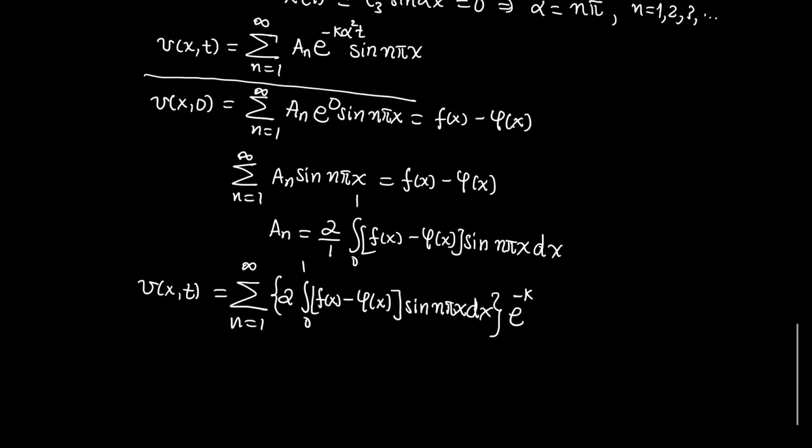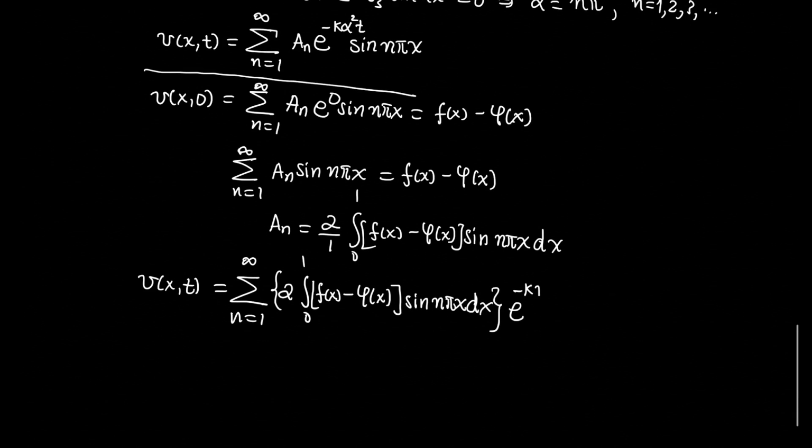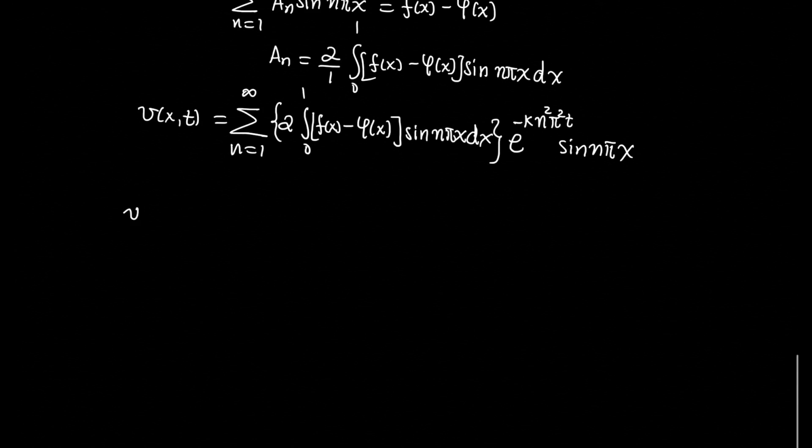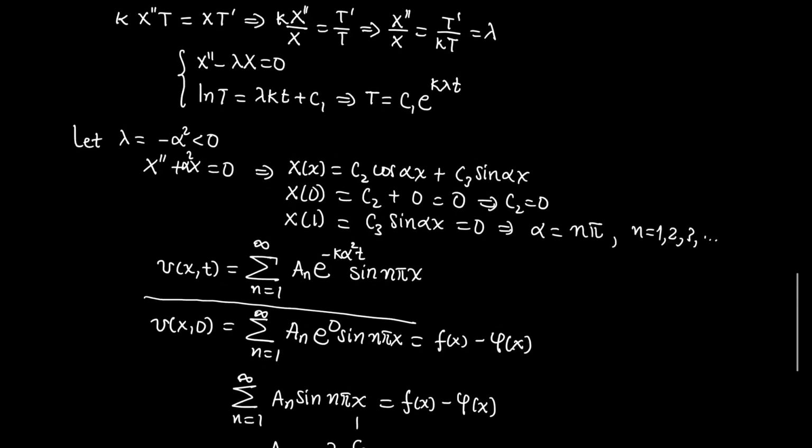What is alpha? Alpha is n pi, times sine of n pi x. So that's your v x t. Now you just need to write your u x t equal to v x t plus phi x.